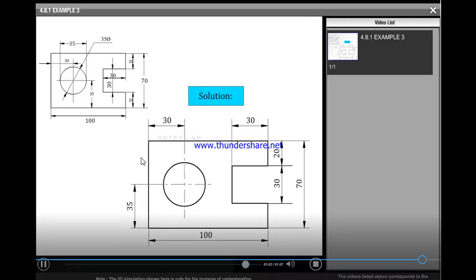Now first you draw it like this. Don't keep the dimensions inside the object. This alignment system indicates a neat representation of the dimensions as shown. Inside there, 20 is there and 30 is inside, that type of representation is very zigzag.